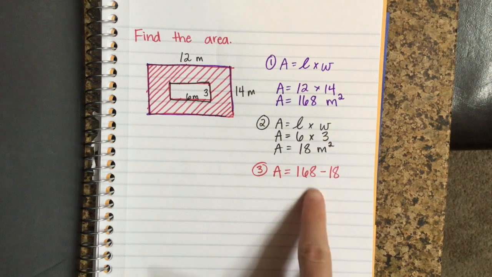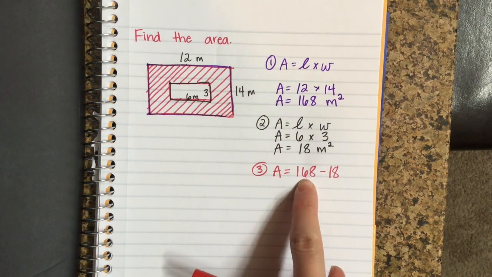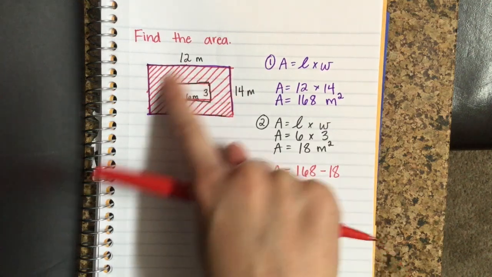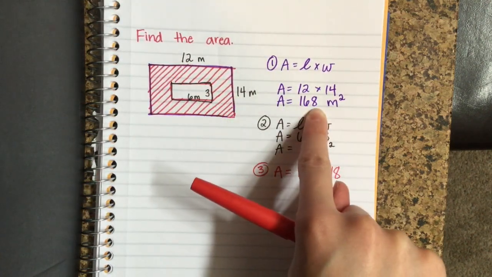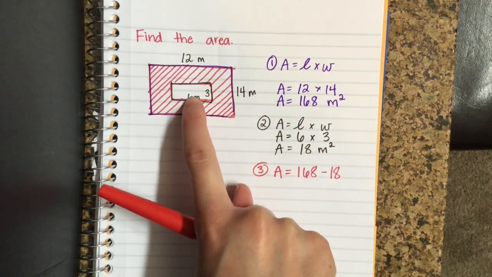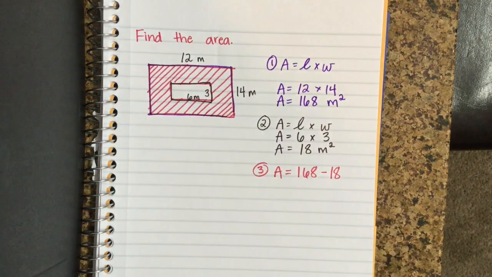And that would look like this. So our area for the large rectangle, all of this, is 168, but we need to take out 18 from our 168. So you set it up like this, pause the video so that you can solve it, and then check back for your answer.